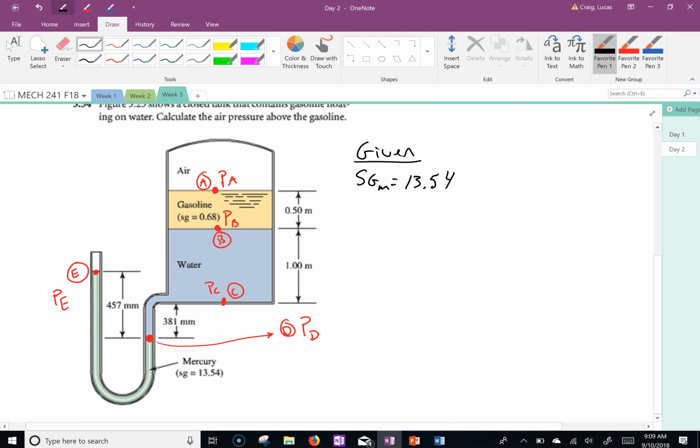Okay. So SG of the mercury, SG of the gasoline, SG of the water. What's the specific gravity of water? 1. Yep. P atmosphere. I believe I used 101 kilopascals.